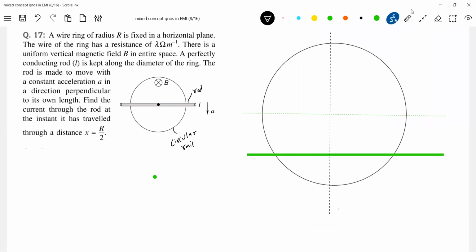B bar everywhere into the plane. So let this be x, let this be y, and this is the radius r.